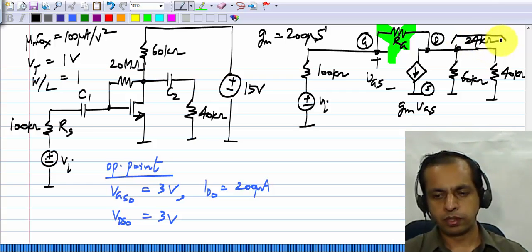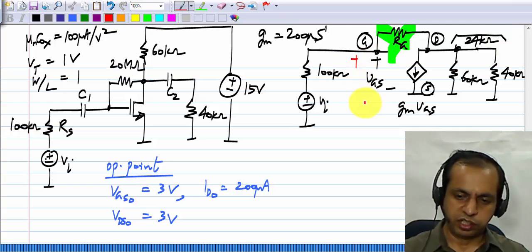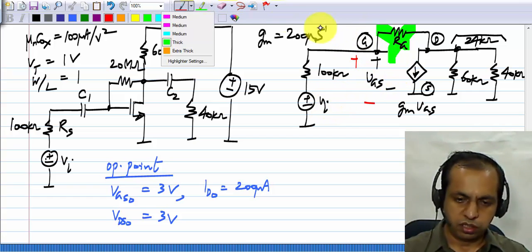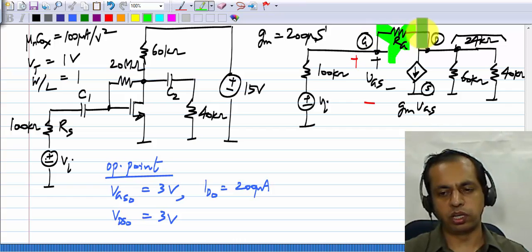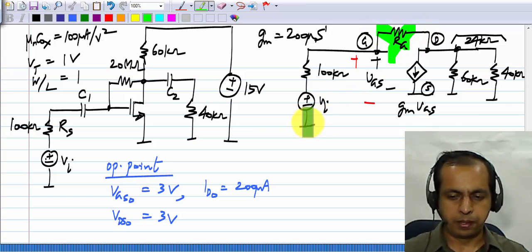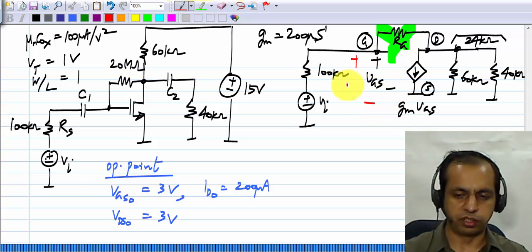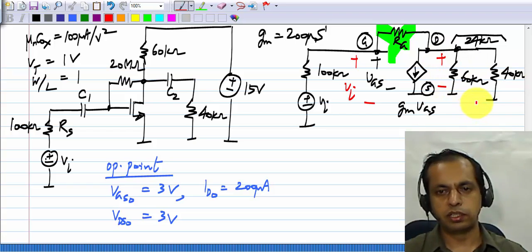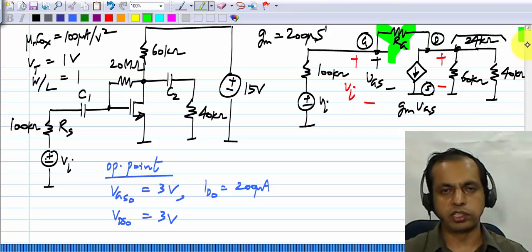So from this we can see that the incremental gate source voltage is VI itself, because no current flows into the gate and RG is so large that no current flows into it either. So I assume that all of VI appears here just like it would in a common source amplifier. The incremental drain source voltage is nothing but minus GM RD parallel RL times the input voltage.